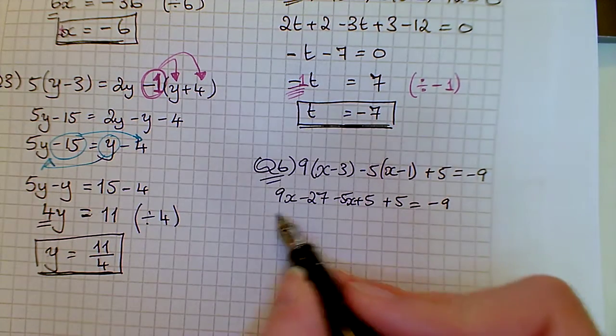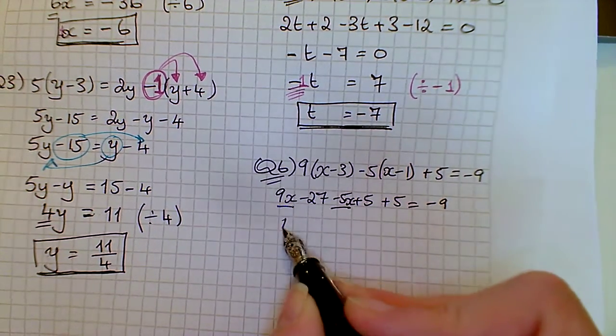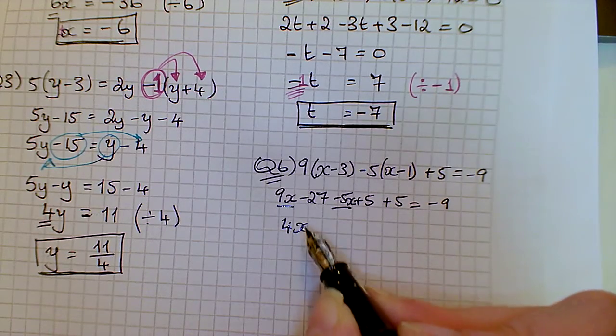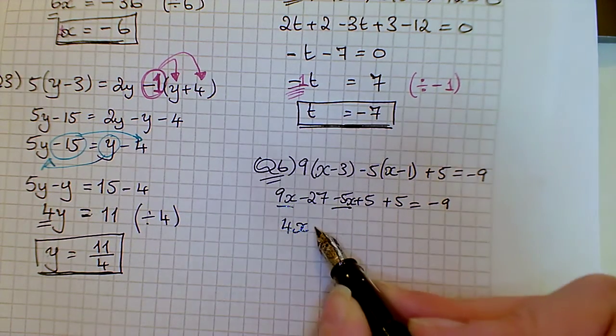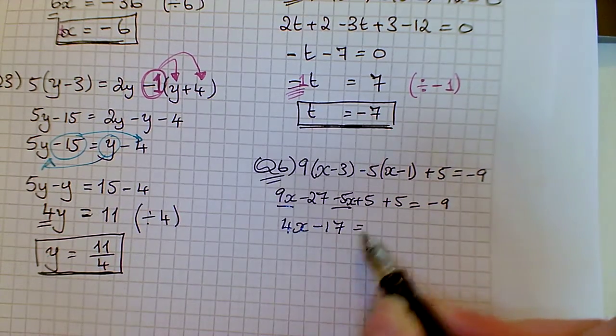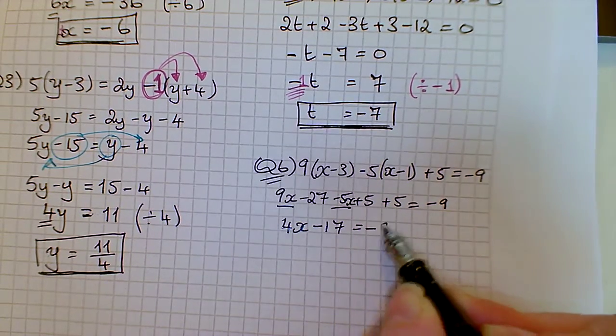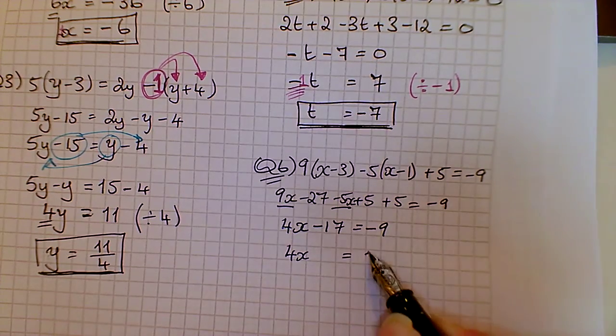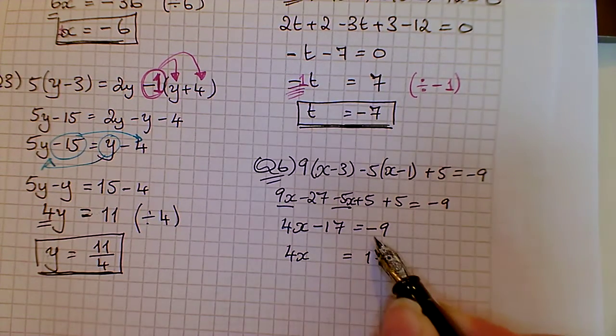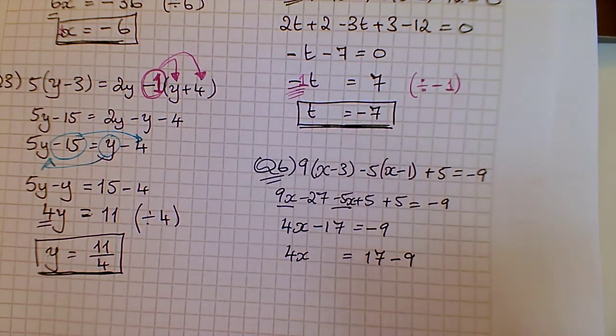So, like terms now, 9x minus 5x is 4x. Minus 27 plus 5 is minus 17. If you can't do that in your head, use your calculator. Letters left, numbers right. We get minus 17 becomes plus 17 on this side.